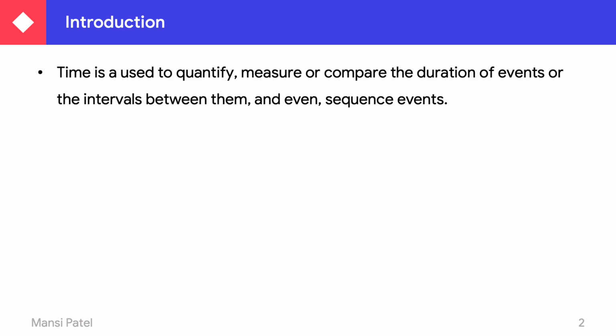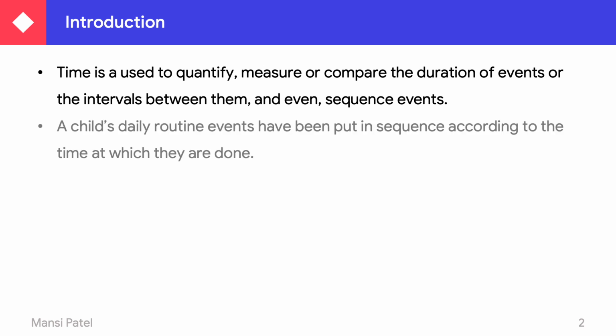Let us start the introduction part. Time is used to quantify, measure, and compare the duration of events or the intervals between them, and also the sequence of events. See here with the help of one example. A child's daily routine events have been put in some sequence according to the time at which they are done.